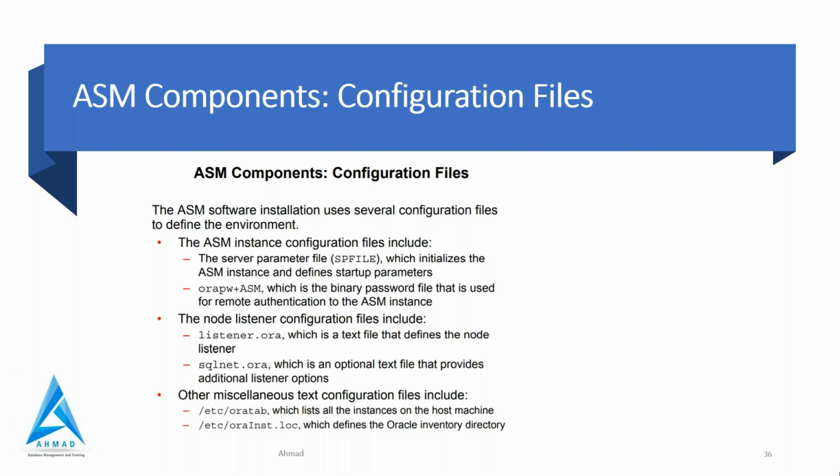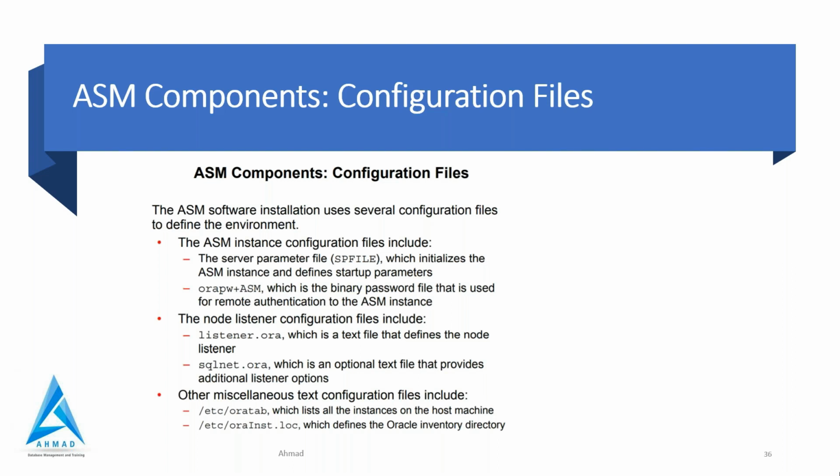It is a binary file created at installation by default in the ASM disk group, under +DISKGROUP/cluster/ASMPARAMETERFILE, with a name like registry.253.nnnnn. The administrator may create a text initialization parameter file with the default name init+ASM.ora.